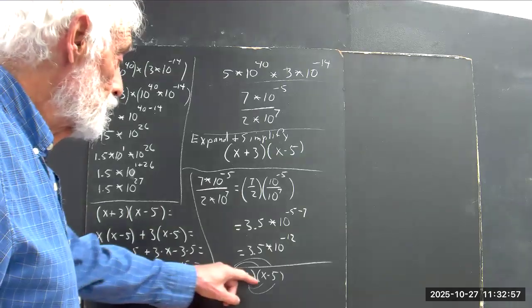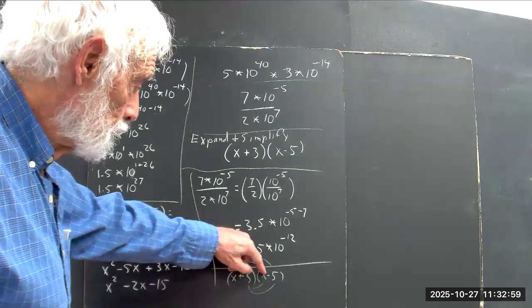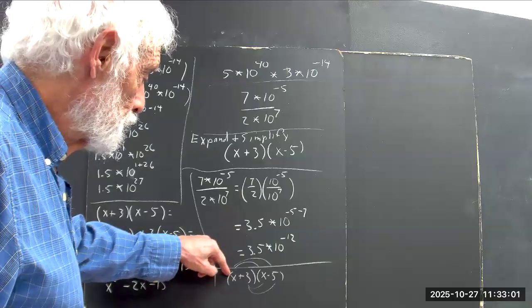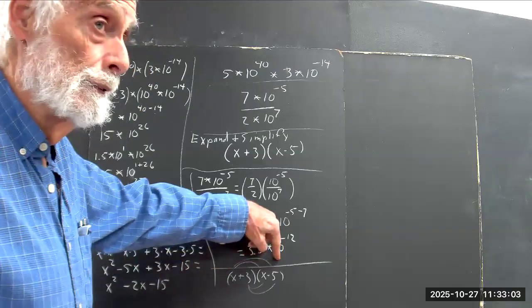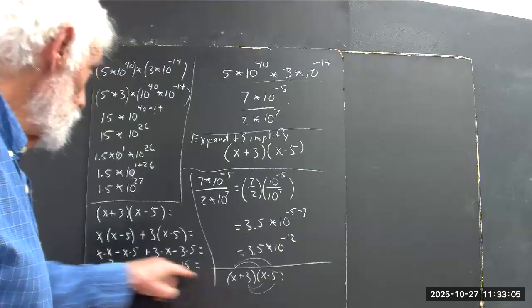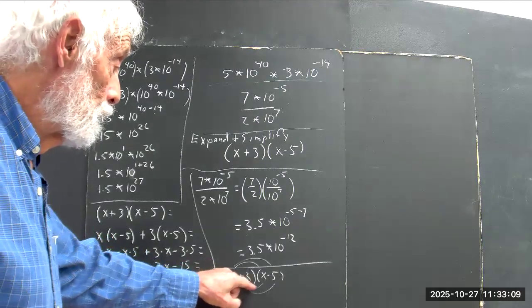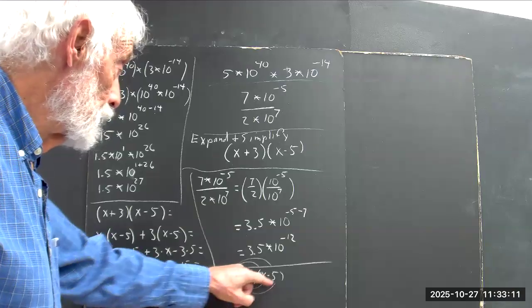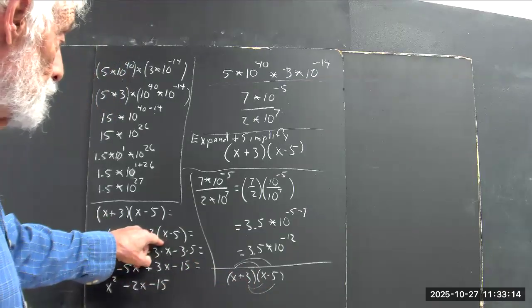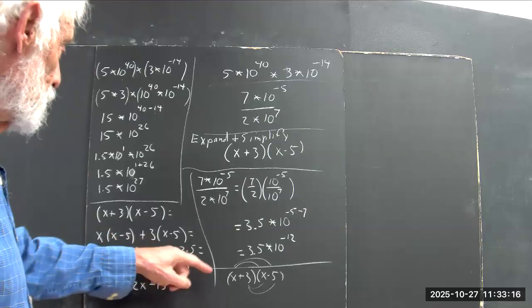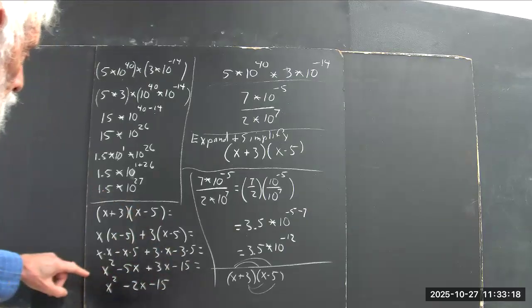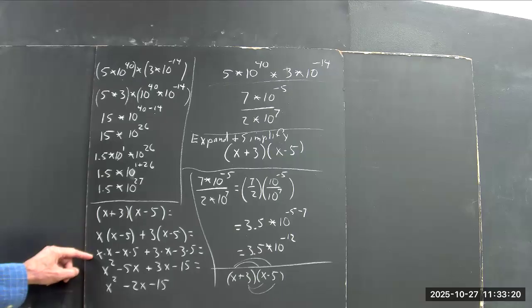You've got your x times x minus 5 because you got x times x, and you got x times negative 5. So right there is your first step. And then you've got 3 times x and 3 times negative 5, which is 3 times x minus 5. So you get immediately from the first step to the third step I drew here.